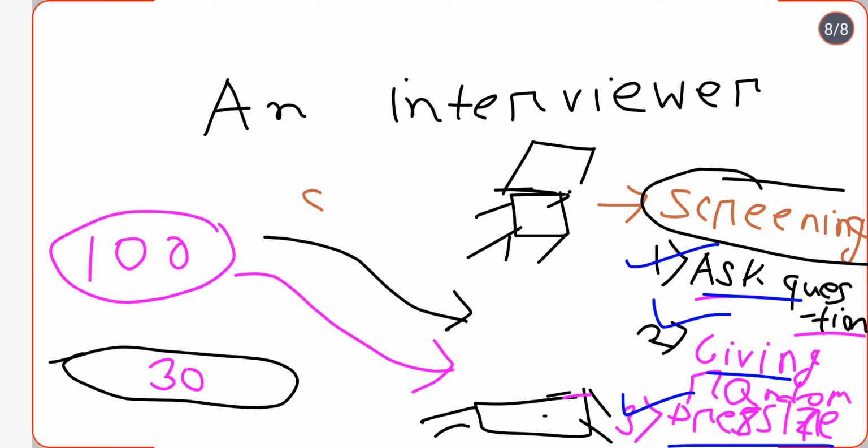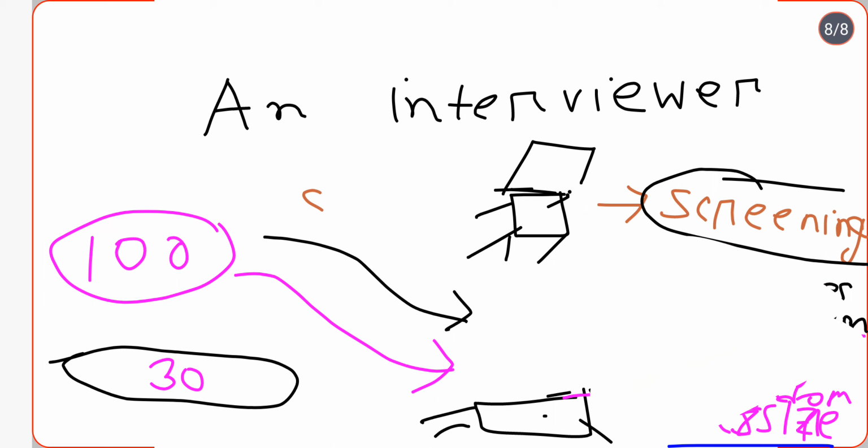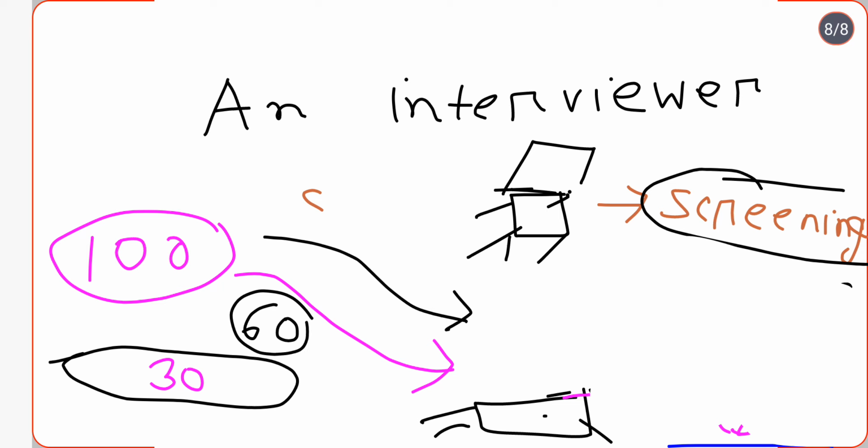Similarly, now for the candidate, there are 100 candidates and each candidate wants a job, right? There are bad candidates as well as good candidates. Suppose from these 100 candidates there are 60 candidates who are good enough to get the job, and 40 who are bad.